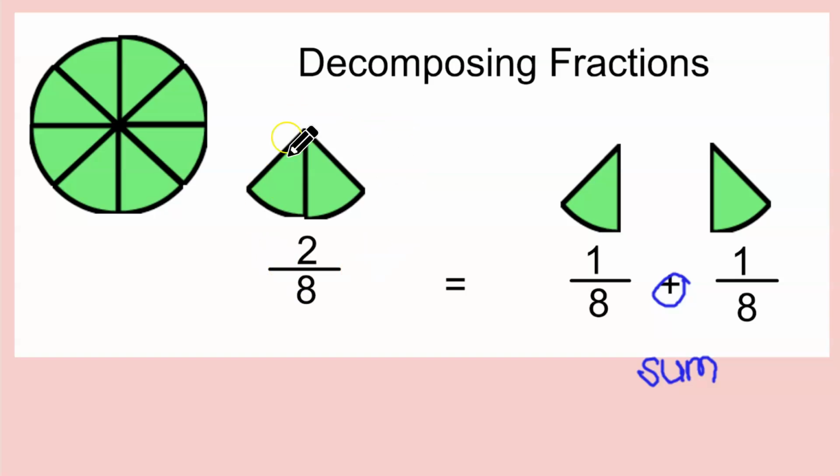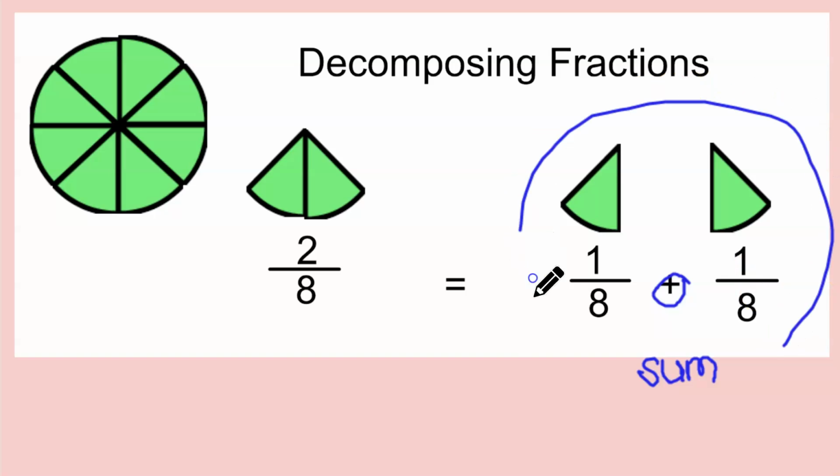So 2/8 is equal to 1/8 plus 1/8. This is the sum of my 2 unit fractions. 2/8 is equal to 1/8 plus 1/8.